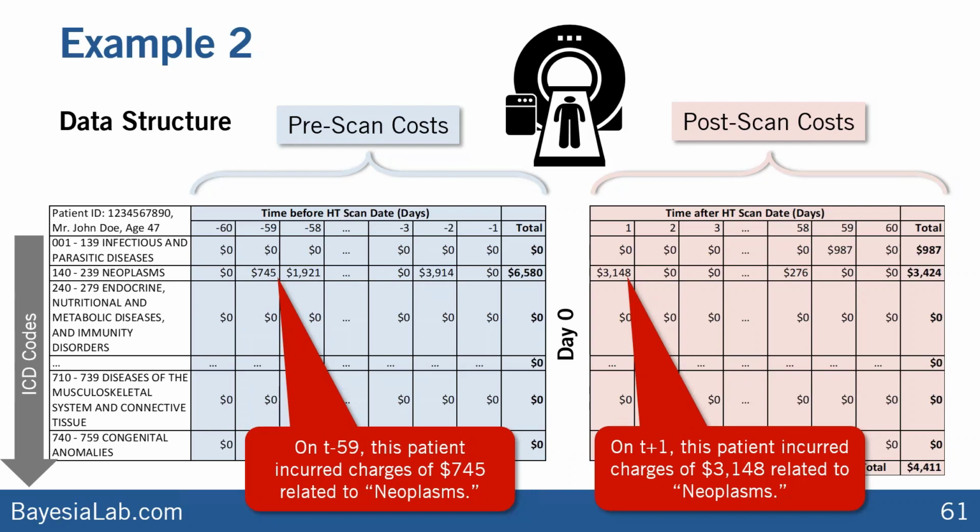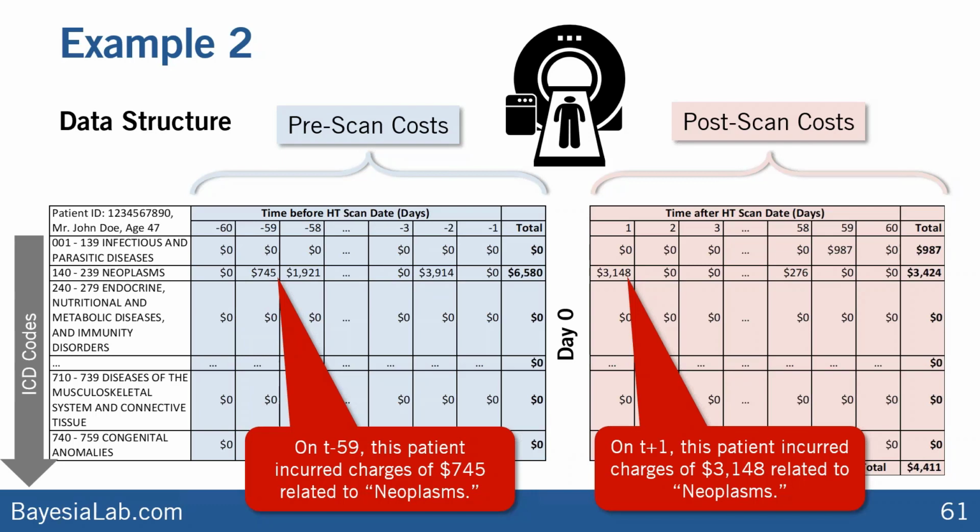And by row for this patient, we see what ICD category the individual cost was associated with. So here, for instance, on day T minus 59, this patient incurred charges of $745 related to neoplasms.